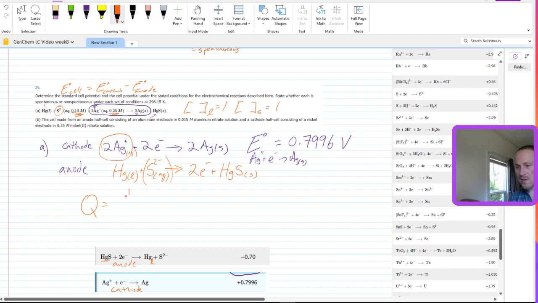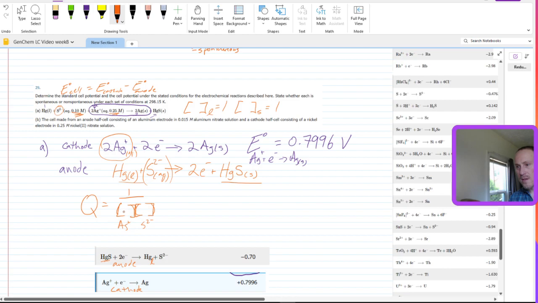So our products are all just 1, because our products are all solids. A reactant here is a liquid, so that's 1. These two are reactants, so we're really going to have these 2 concentrations we were given: 1 for the silver and 1 for the sulfide.